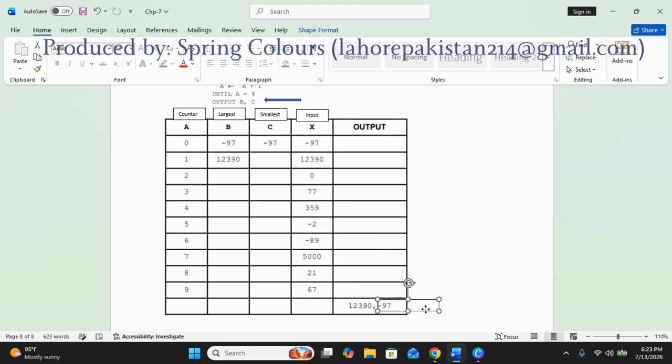So the pseudocode has shown the correct smallest value, and the largest value given by the user was 12390, and the same value is being shown as the largest value. So it means that this newly formed pseudocode is working correctly.